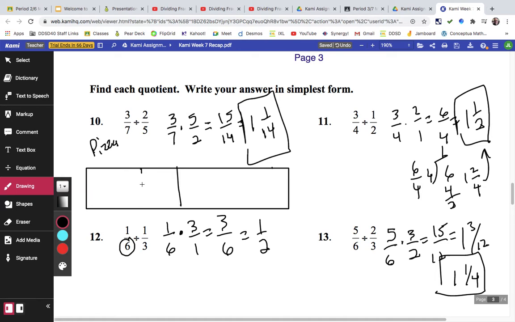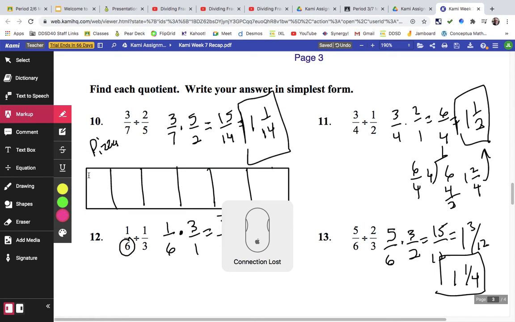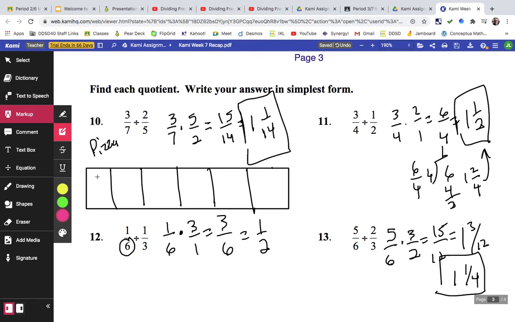There's half, and then we'll do each of those halves into thirds. So if we had 6 people, we could make them all happy. And then we're going to shade in 1/6. So this is 1/6 of it.